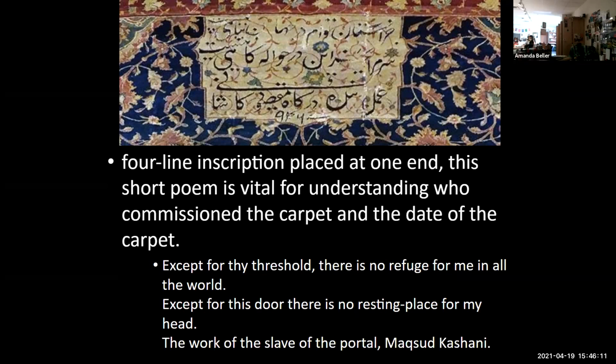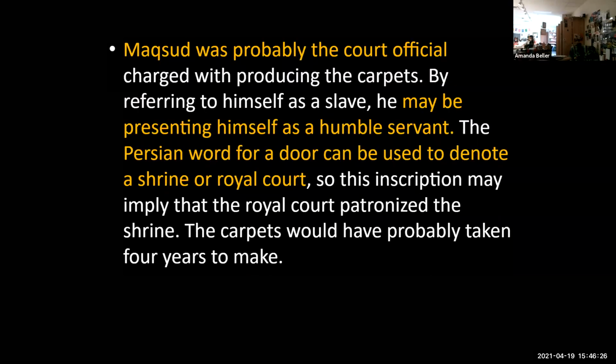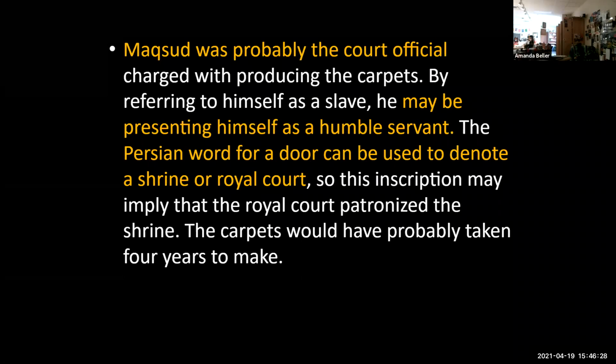The work of the slave of the portal, Maqsud Kashani." So he's saying that he's a servant to somebody, the one who made it. It's in honor of somebody else. He was probably the court official. He's not the one who actually tied all the knots. Typically, that's going to be women who do soft work like this.